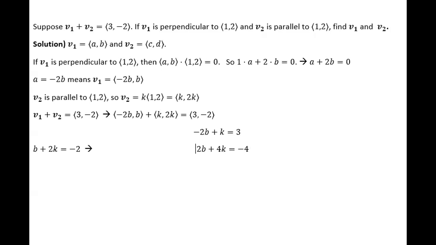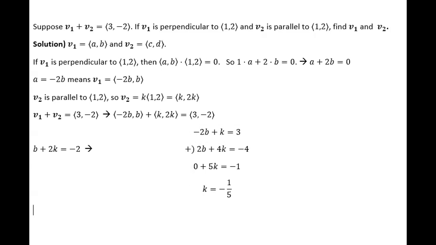And then we want to add these two. And if you add, the B's will cancel, so it'll be 0B, which is just 0. Then plus 5k equals negative 1. So that means k must be negative 1/5.